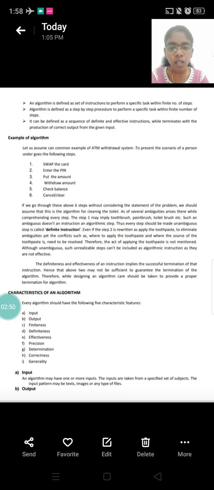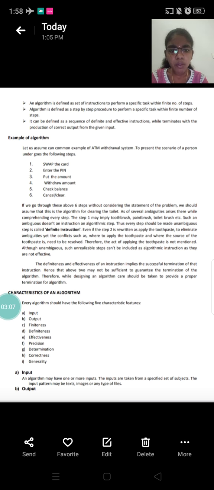Step 1 may imply toothbrush, paintbrush, toilet brush, etc. Such ambiguity is not acceptable in an algorithm step. Thus every step must be made unambiguous, and such a step is called a definite instruction.